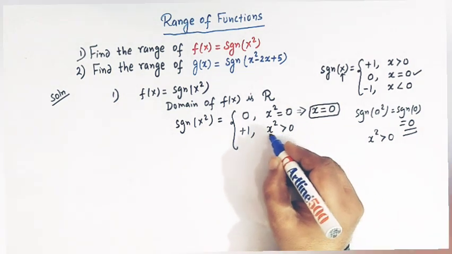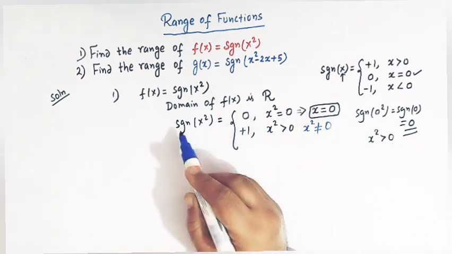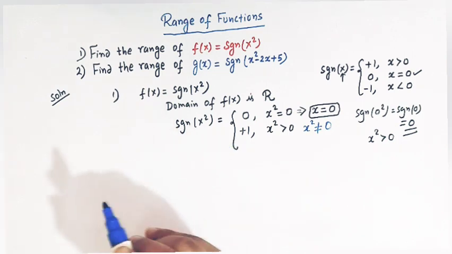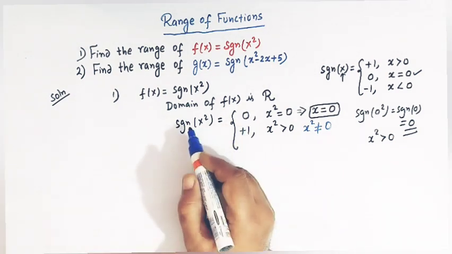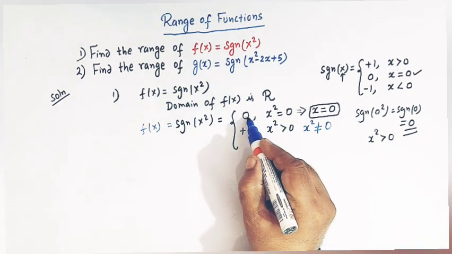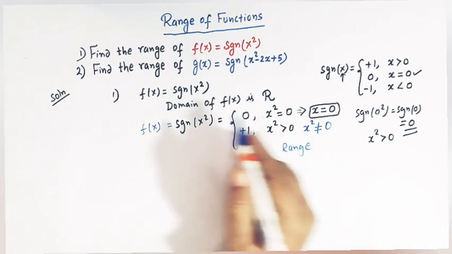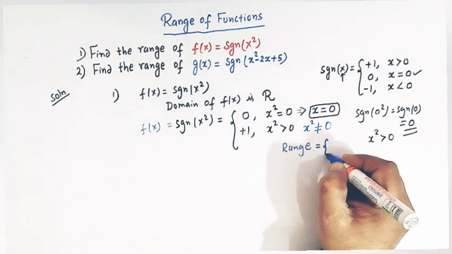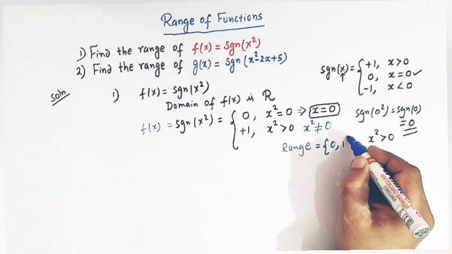Now from the definition of range of a function, we can see that signum of x square only takes the values 0 and 1. So the range of the function f(x) equal to signum of x square is the set containing only the numbers 0 and 1.